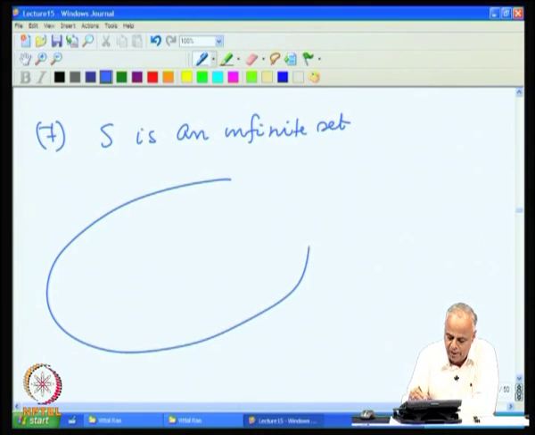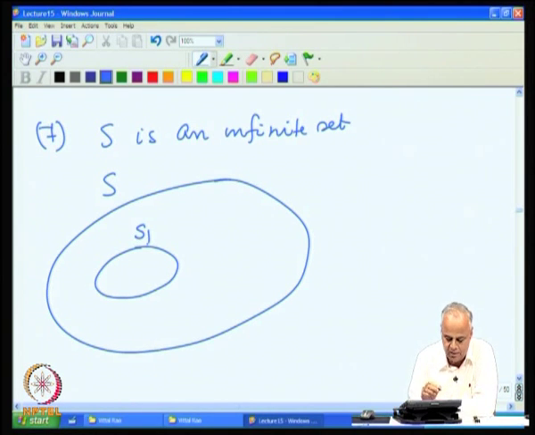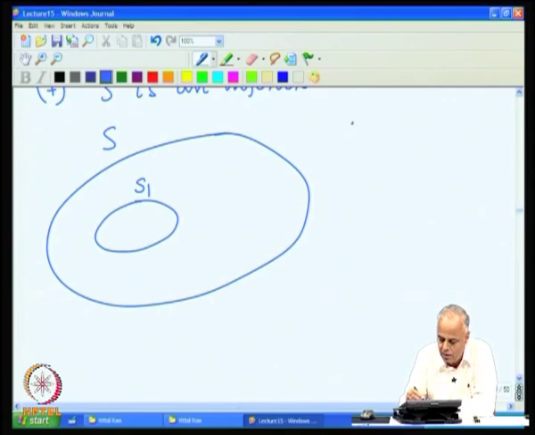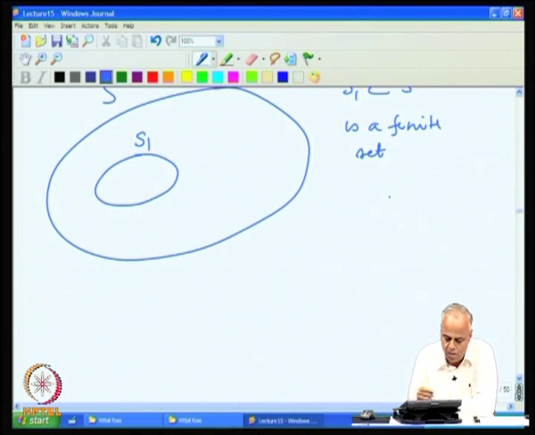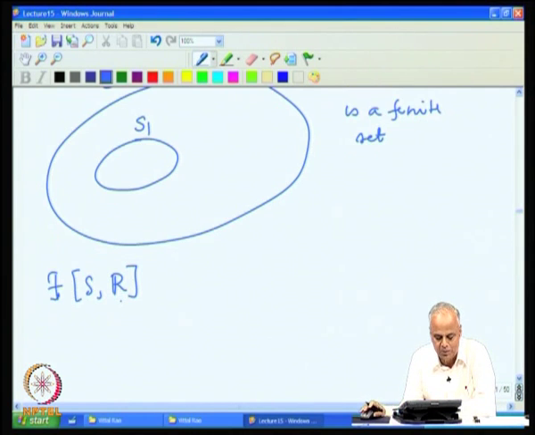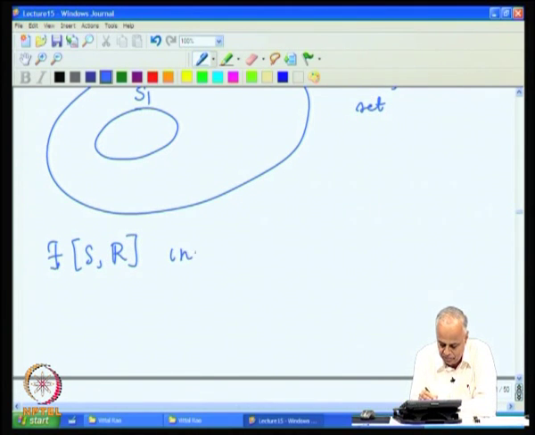So, I have an infinite set S, inside that there is a finite set S1 contained in S. Now, look at the space of all functions from S to R. This is going to be an infinite dimensional vector space.